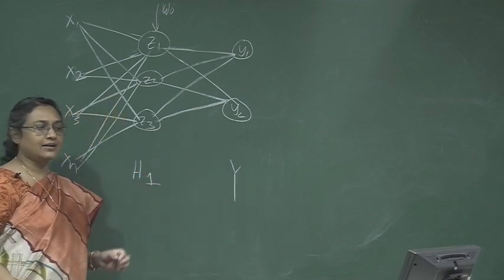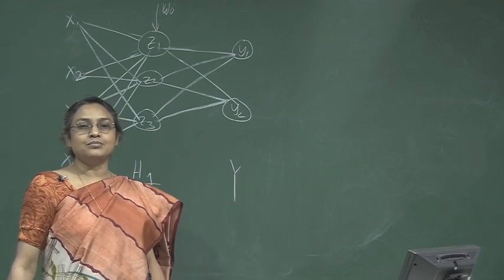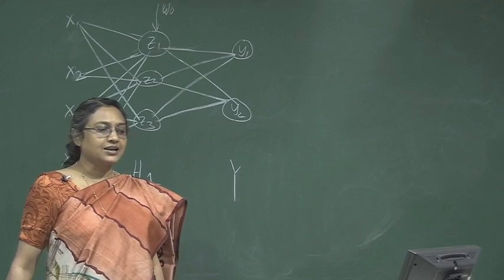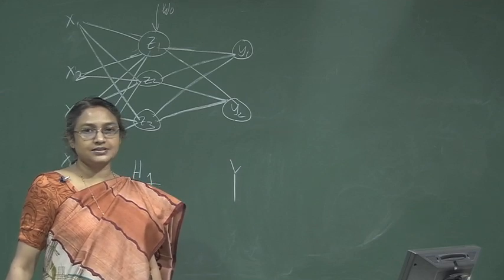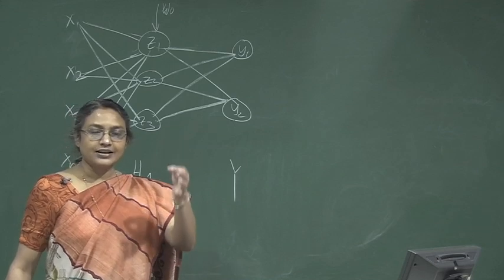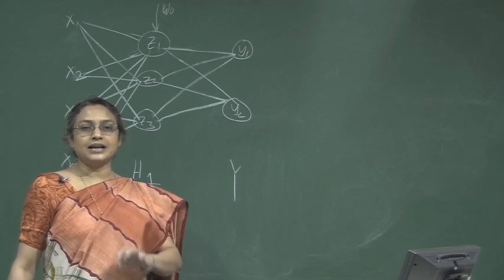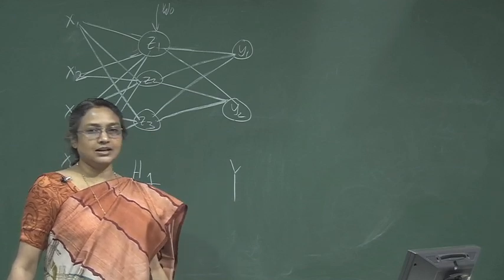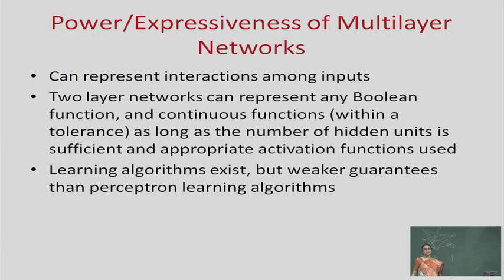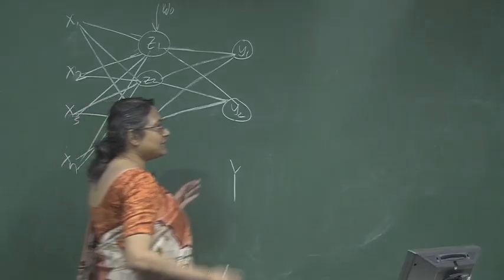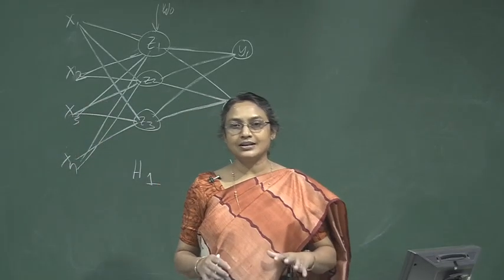This two-layer neural network can represent any Boolean function, and continuous functions within a tolerance, provided of course you have the requisite number of hidden units and you are using appropriate activation functions. If you have three-layer neural networks, then you can represent all computable functions. So, these functions can be represented using two-layer and three-layer neural networks.